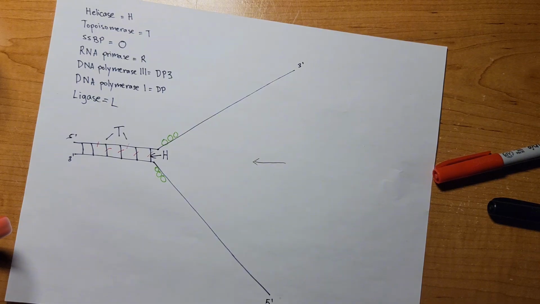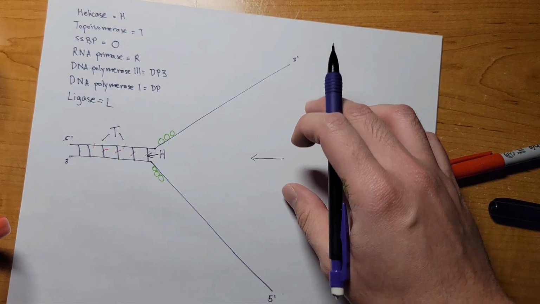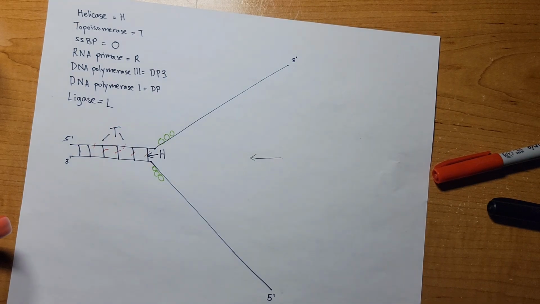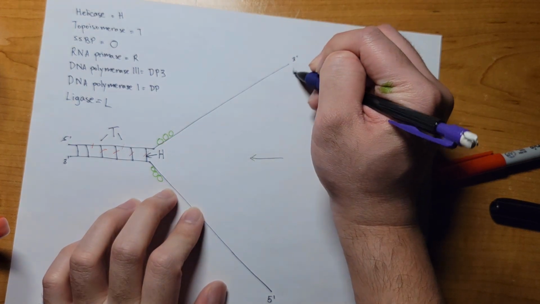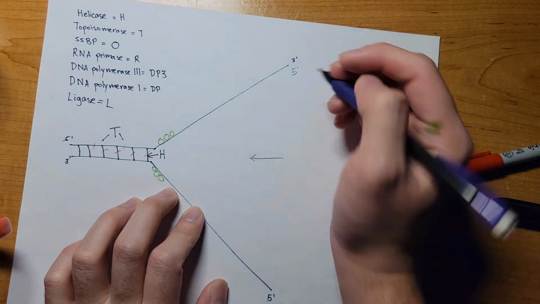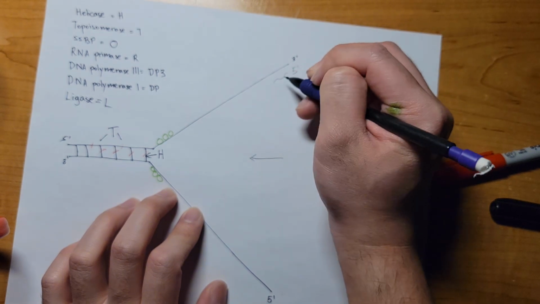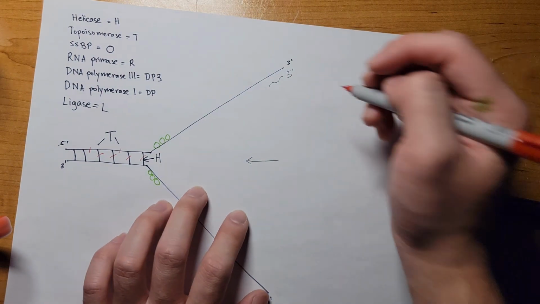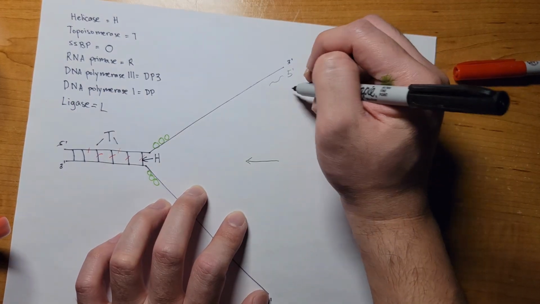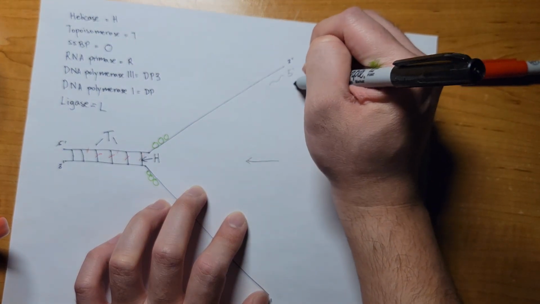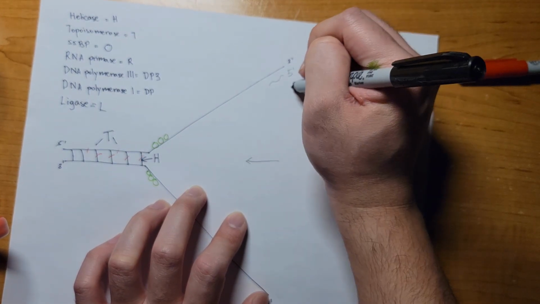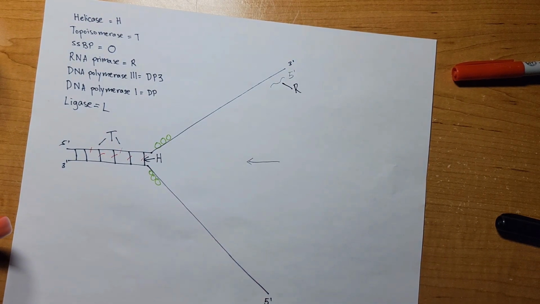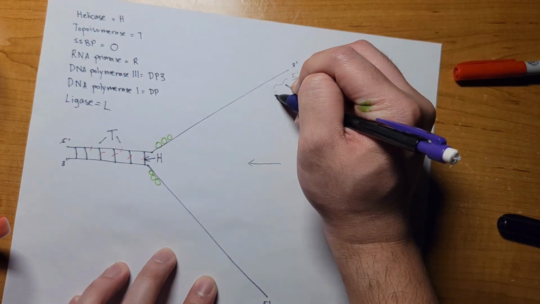For me, the best way to do it is because I know my polarity is here, 3', that means I can just start over here at 5'. It's the 5' and it will make an RNA primer. I will just label this. Basically, RNA primase will make a primer that is 5' to 3'.